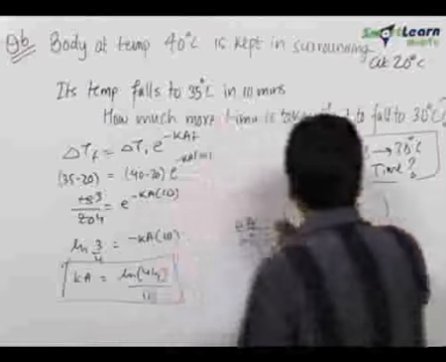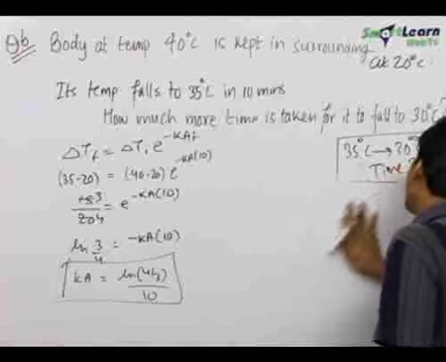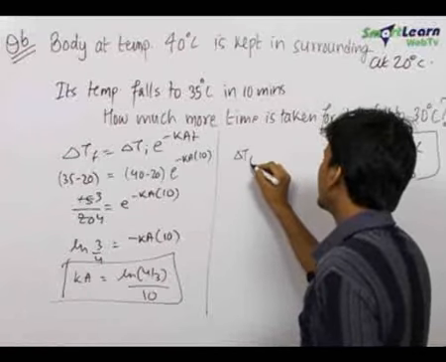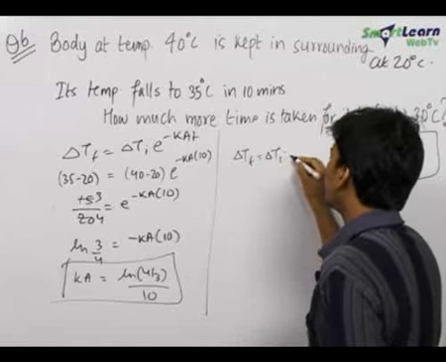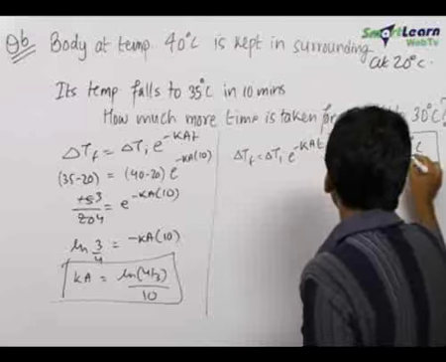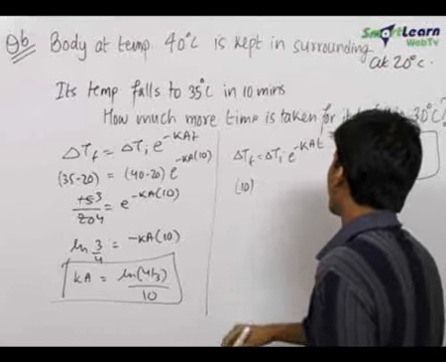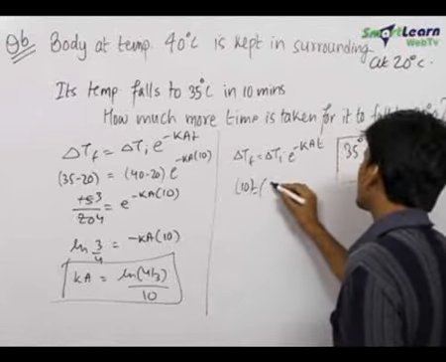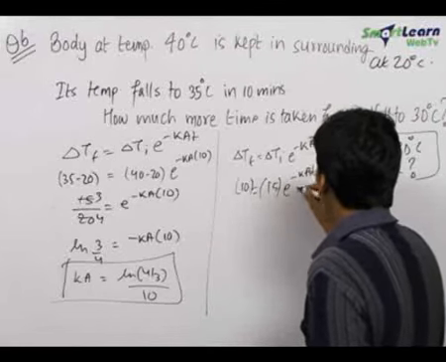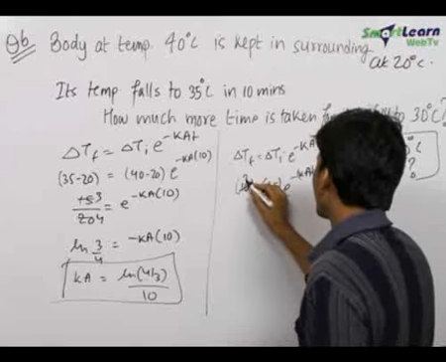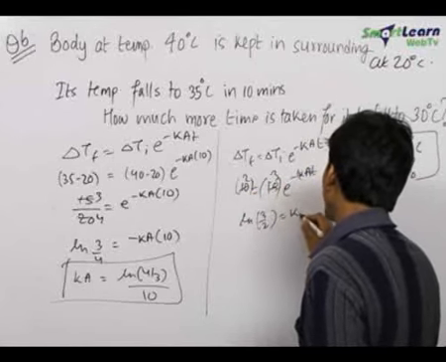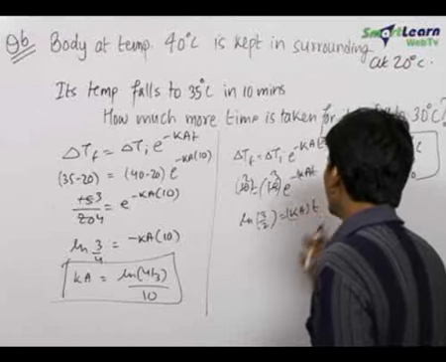We remember this now and solve for the second case. For the second case, again we use the same formula: delta T final is equal to delta T initial into e raised to minus KA into t. Now, finally the temperature is 30 degrees Celsius, so the final temperature difference is 10, which is equal to the initial temperature difference, that was 15, into e raised to the power minus KA into t. From this we get ln of 3 by 2 is equal to KA into t, which we need to find out.